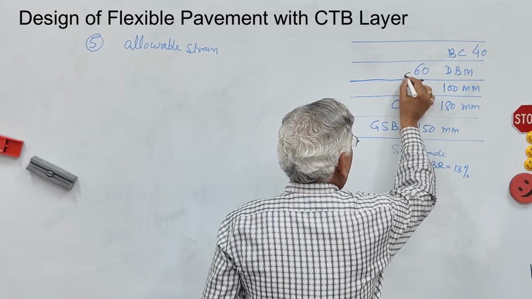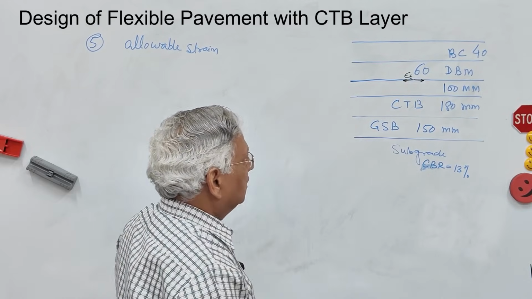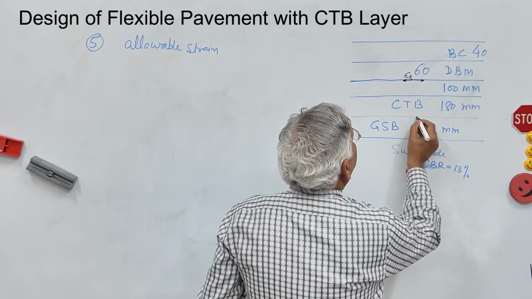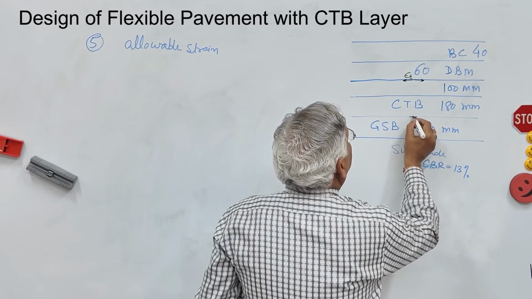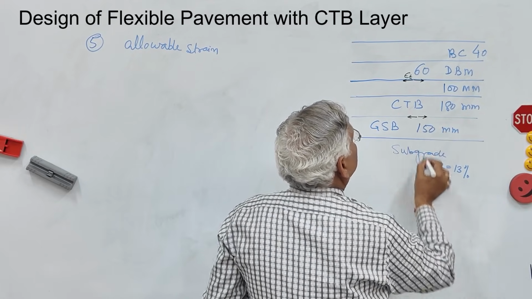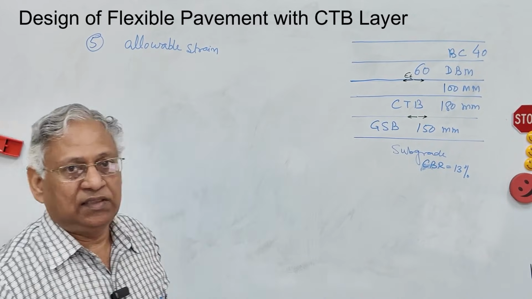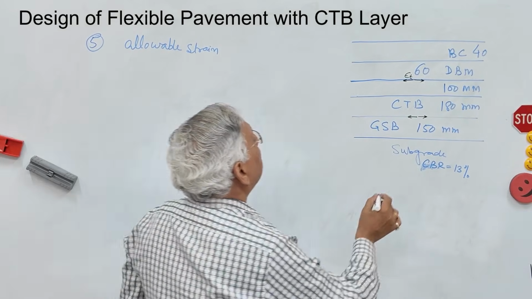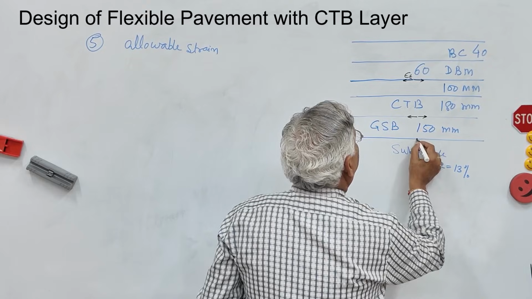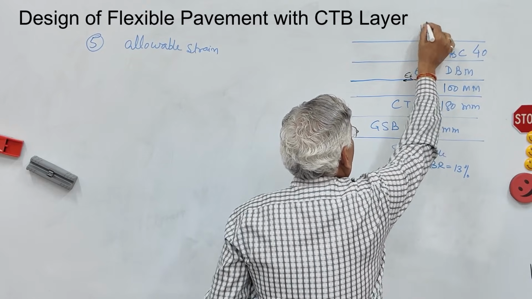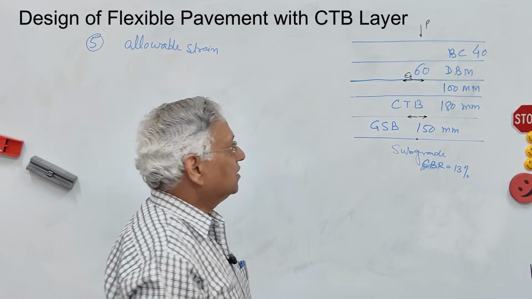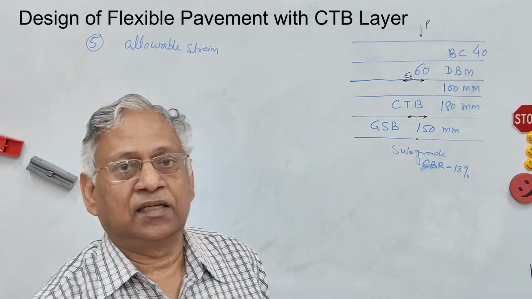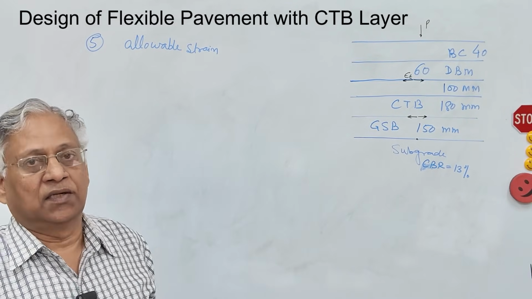What is the epsilon T here? Then below the CTB layer, what is the strain at the bottom of CTB layer, and vertical compressive strain at the top of subgrade. Now, this is the load here. These are three locations which are critical from failure consideration.